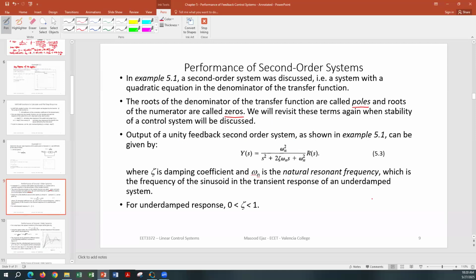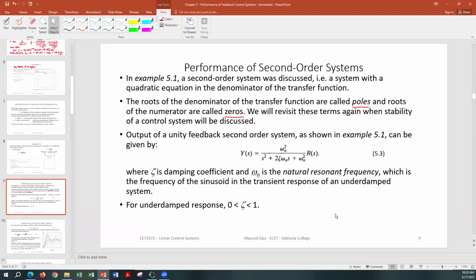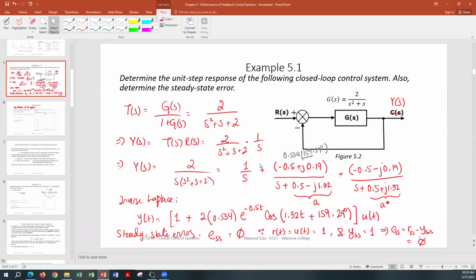Output of the unity feedback system, as shown in example 5.1, can be given by, so example 5.1 that we discussed over here, the transfer function can be represented by this expression. We solved this transfer function specifically using the second order system and the pair that we created.